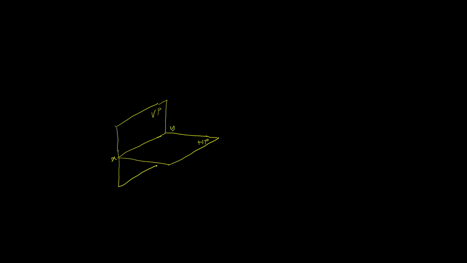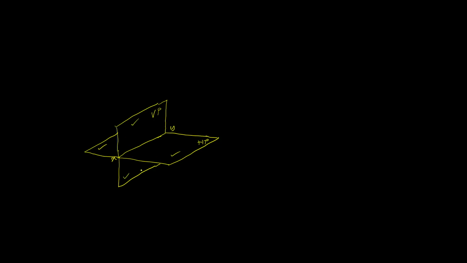Reference line is the line of intersection of the two planes. Similarly, I am extending the horizontal plane also to the other side of the reference line. So the horizontal plane is no longer restricted to only this, but it is now expanding to this also. Similarly, earlier we considered only this part of the vertical plane. Now we are expanding the vertical plane to this side of the reference line also.